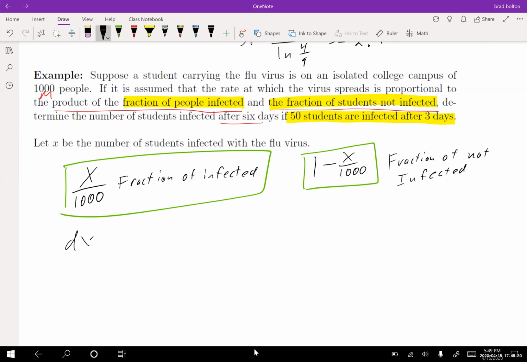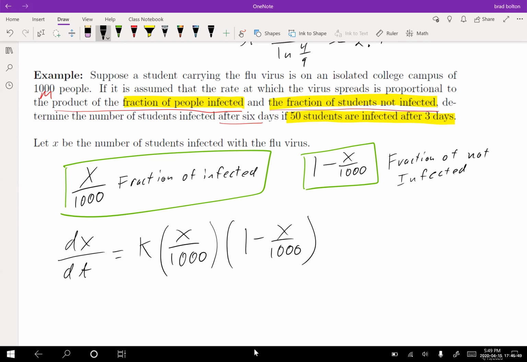Okay, so let's see. We're going to try to do dx dt, right? Because X stands for the number of people infected. And this is going to equal K. Now we're going to do our product. Now our product says X over 1,000 times 1 minus X over 1,000. Okay, so we're using the idea of proportional, if it has a proportional relationship versus an inverse relationship.